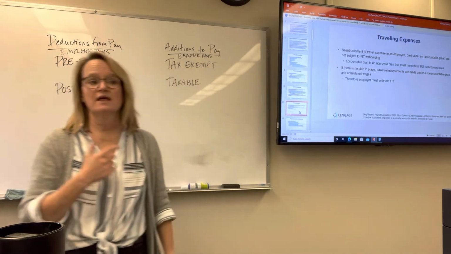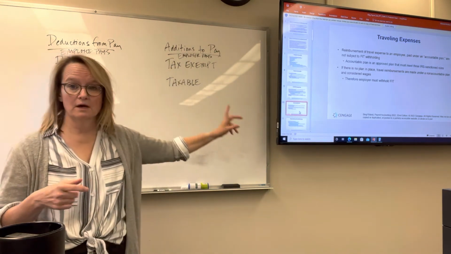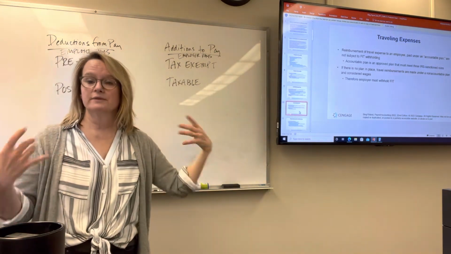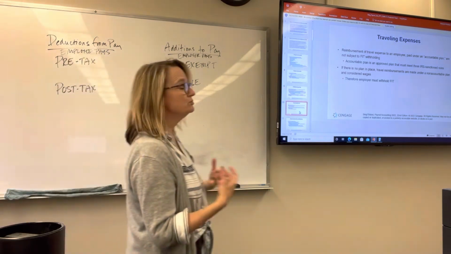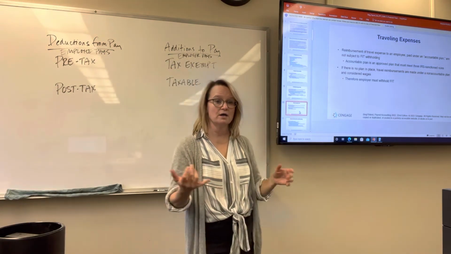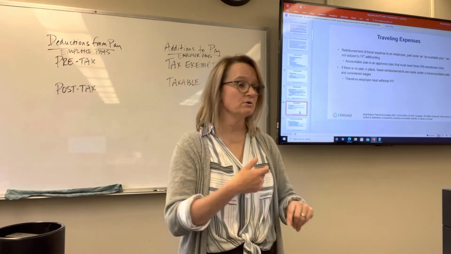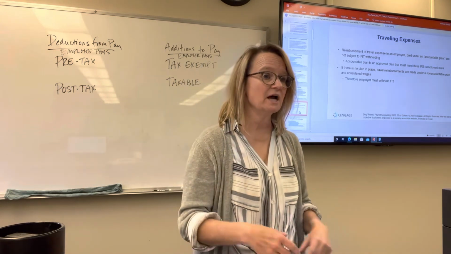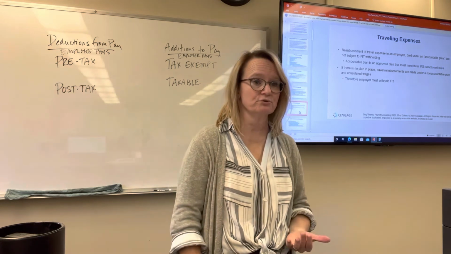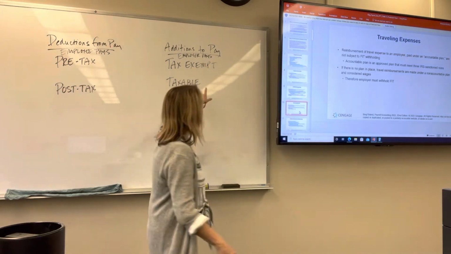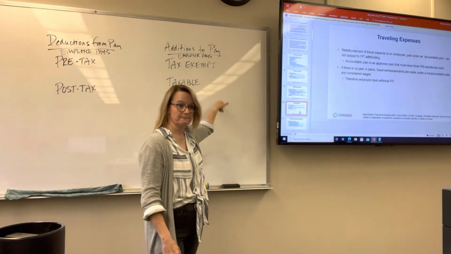In that case, that amount should be included. So for example, the employer gives you $2,000, you spend $1,700 on hotel, plane ticket, conference fees, meals, rental car, all that stuff, and you get to pocket the additional $300. That $300 is taxable.